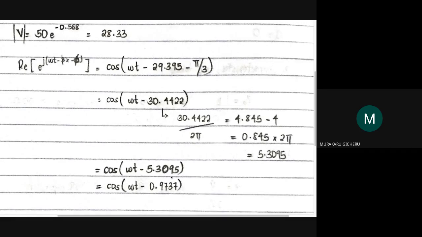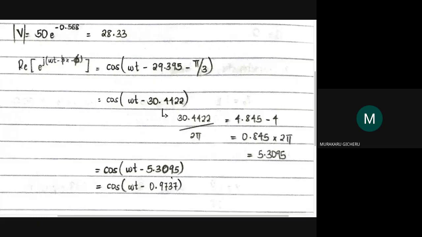So if I went back to the beginning and ran in the anti-clockwise direction, I can get the distance of that anti-clockwise movement from doing the length of a whole lap minus the 5.3095.